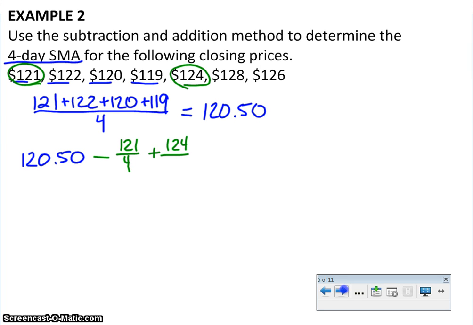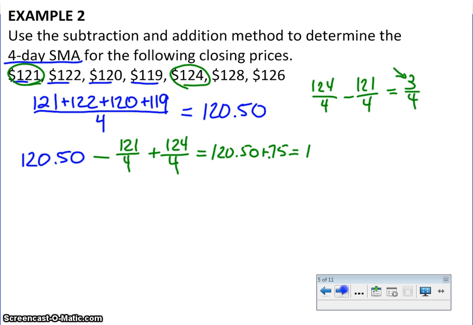So 124 over 4, and I subtract 121 over 4, keeping the signs in mind, I'm looking at 3/4 of a dollar. Well, there are 3/4 in a dollar, so I'm actually adding 75 cents. So 120.50 plus that 75 cents, I'm now at 121.25.